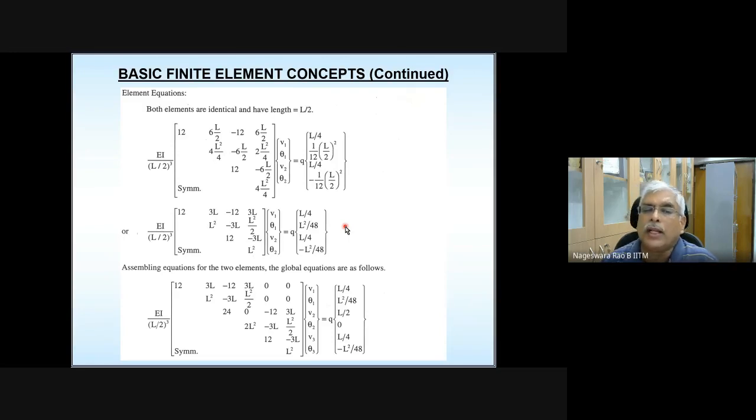Wherever L is there, replacing that L with L divided by 2, that is what is done in the first equation. Simplified, you get the second one. And for the second element also, the equation system looks like this. So with this understanding, you can assemble the global equation system. Please take a note of it.